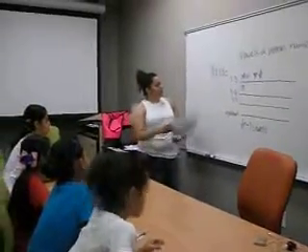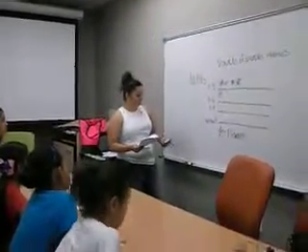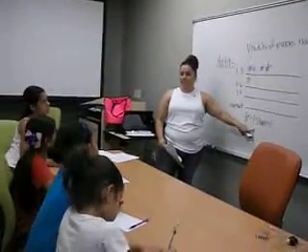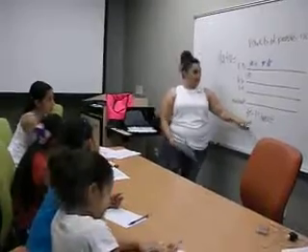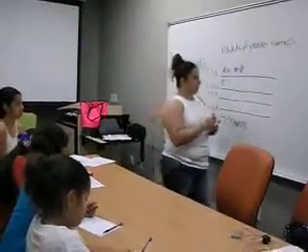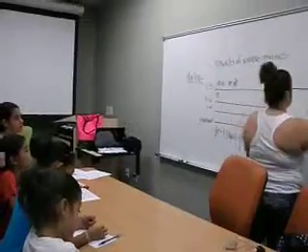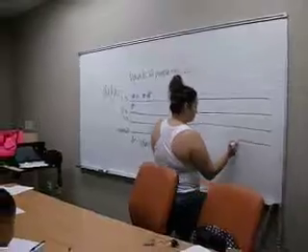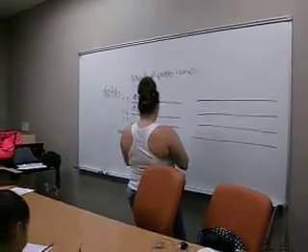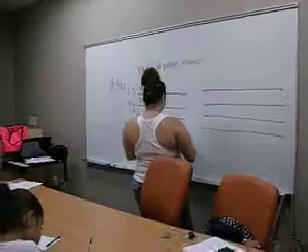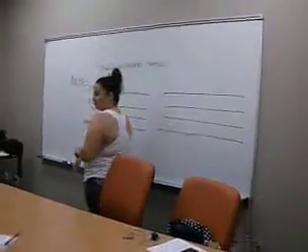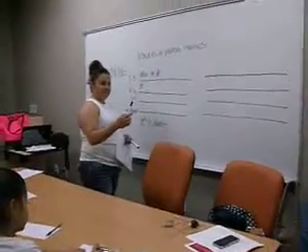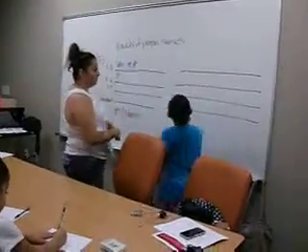Now say we were to do the same information, but this time each star is going to equal 2 students. How would this change? Can somebody come up and show me how the graph would change? First off, let me ask you this.